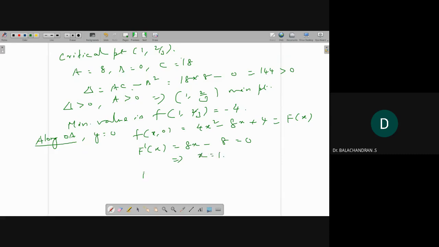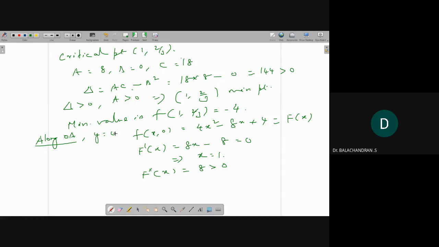And also find the second derivative. The second derivative is 8, which is greater than 0. So therefore, x is equal to 1 will give the minimum value for this function. But we assumed already y is 0.